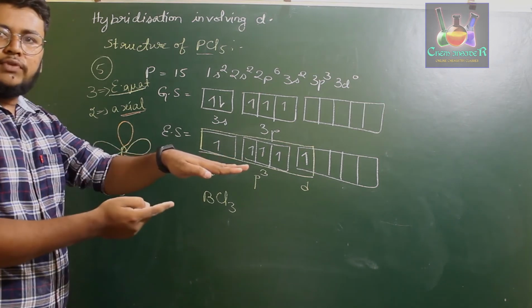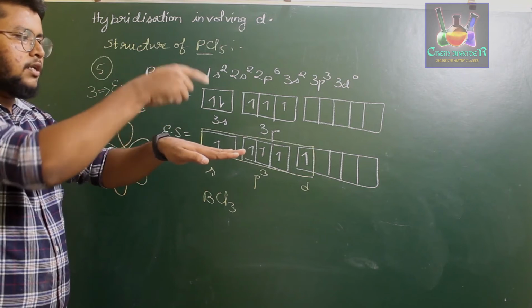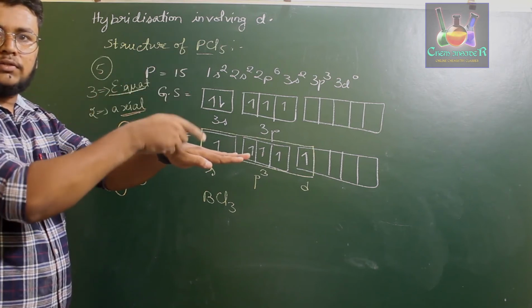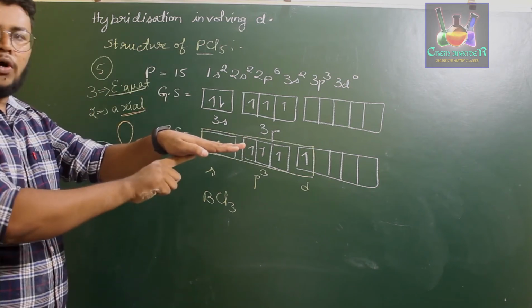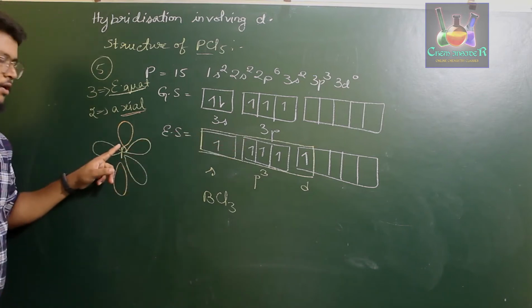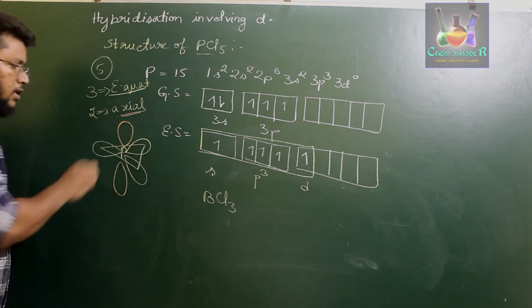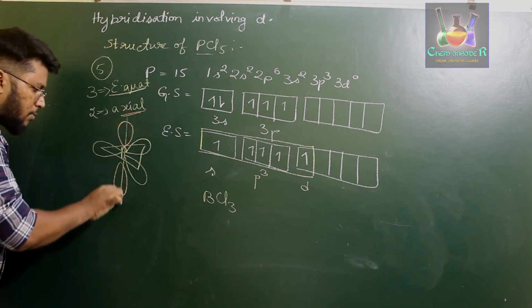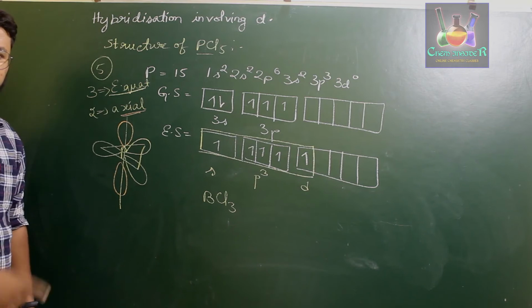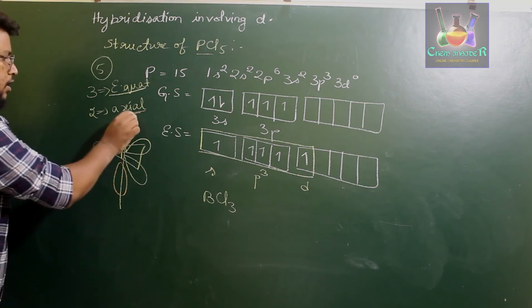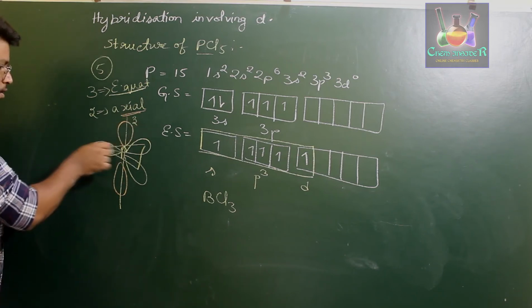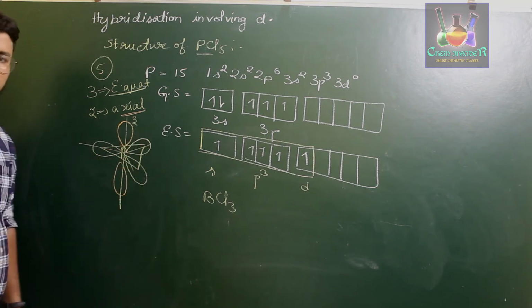Next, 2 of the hybrid orbitals will be on this particular axis, the z-axis, one at the top and one at the bottom, as I have written here. So these 3 hybrid orbitals will be in one plane, and these 2 will be on the axial axis.